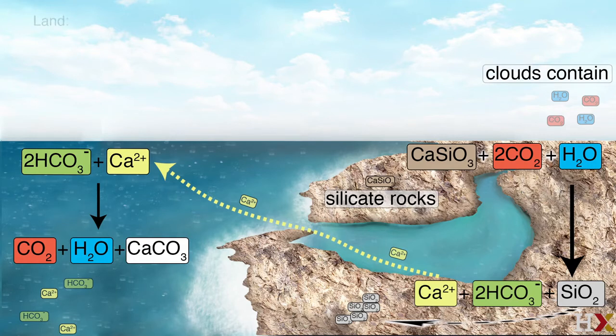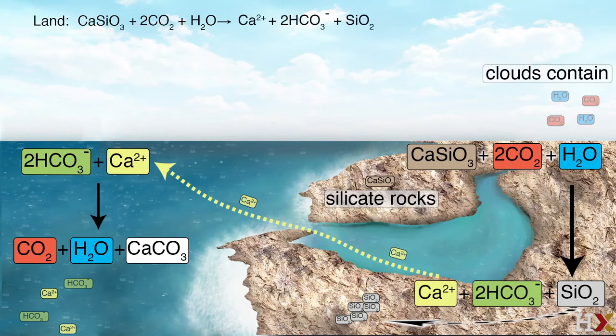But when that acidic rain falls on calcium silicate, it flows from the river systems into the ocean, and it converts that calcium silicate to the bicarb anion and the calcium cation and silicon dioxide. That's sand, basically. But that calcium cation reacts with the bicarb in the carbon chemistry to produce calcium carbonate.